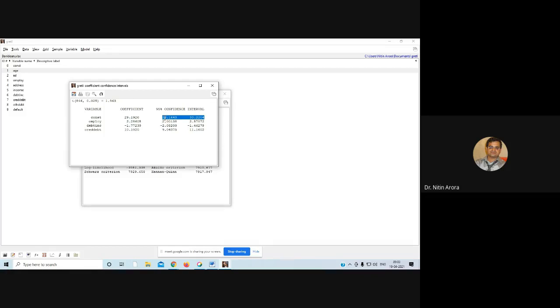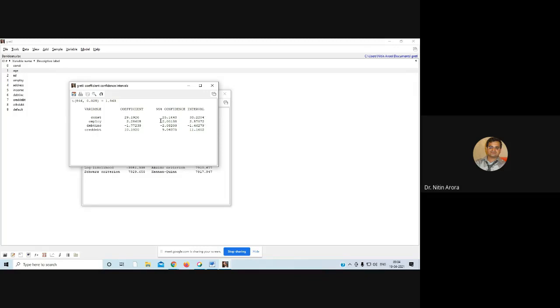Your constant can assume any value between 25.1648 to 33.2204. If we go with the 95% confidence interval or 5% error, then all these values are possible for the constant. Similarly, the coefficient of employment can be considered within the range 2.00138 to 2.57072.